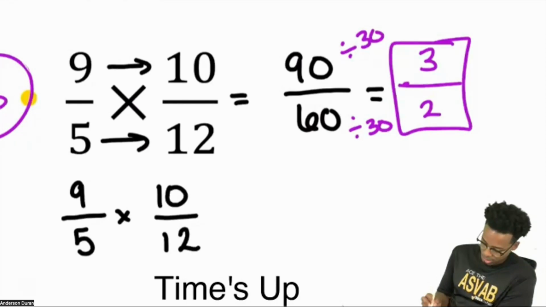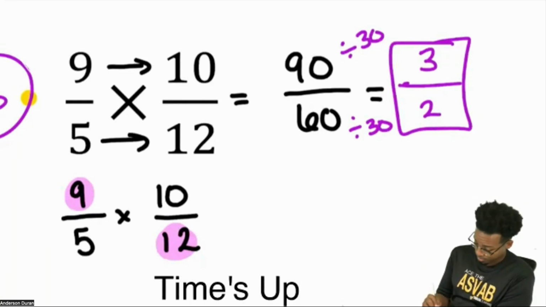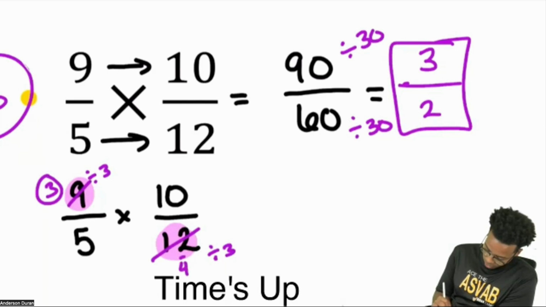What I can do here is I can say, hey, look, I know that 9 and 12 are both divisible by 3. So I'm going to go ahead and divide by 3. That becomes 3. That becomes 4.